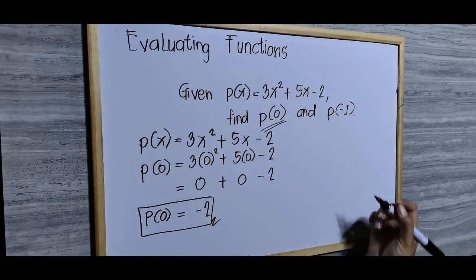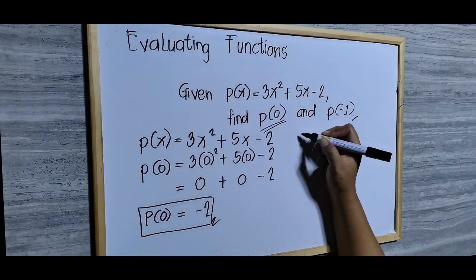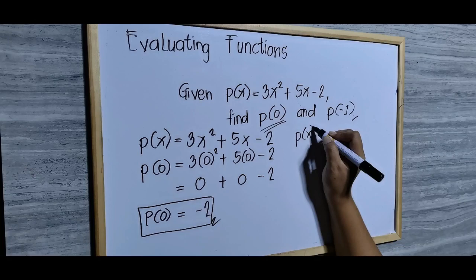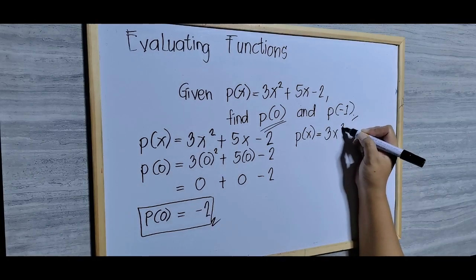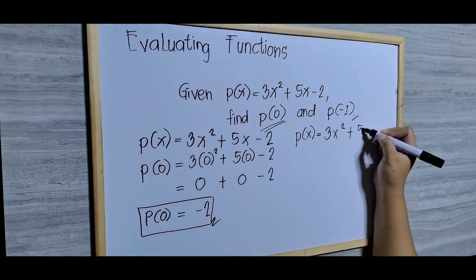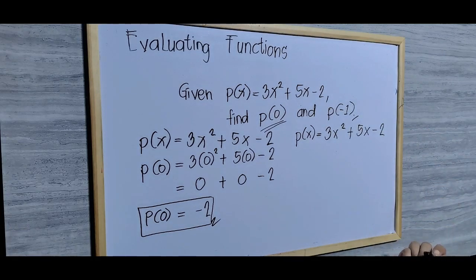Next, let us have P of negative 1. Again, let us write the given function. P of x is equal to 3x squared plus 5x minus 2. So, let us substitute negative 1 for all x in the given function.